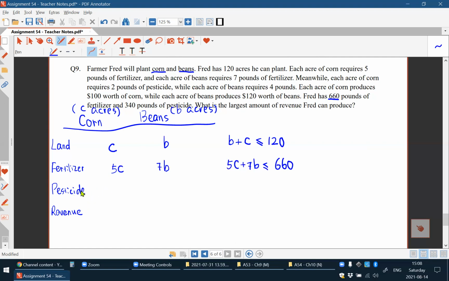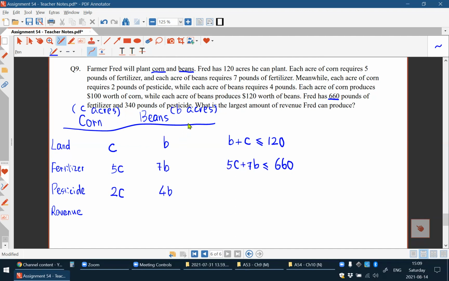Okay, third, pesticide. For each acre of corn, it requires 2 pounds of pesticide. So for C acres of corn, we need 2C pounds of pesticide, right? Similarly, for B acres of beans, it requires 4B pounds of pesticide, because the statement says each acre of beans requires 4 pounds.